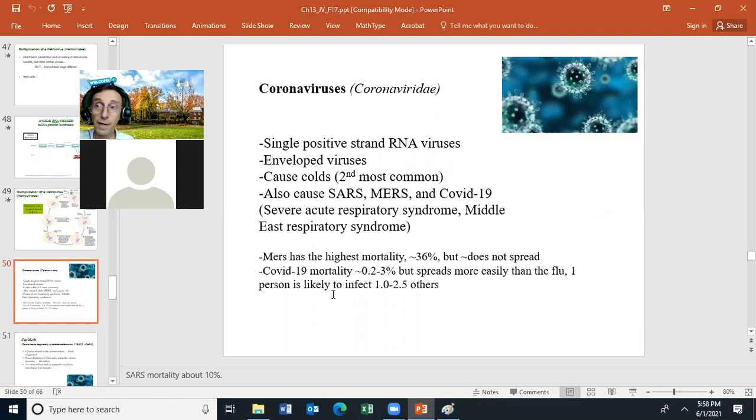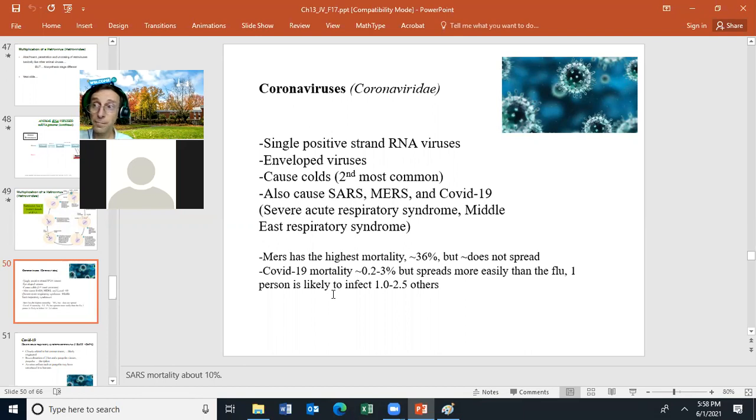The coronaviruses have been known to humans for a long period of time. The coronaviruses actually are the second most common cause of the human colds.